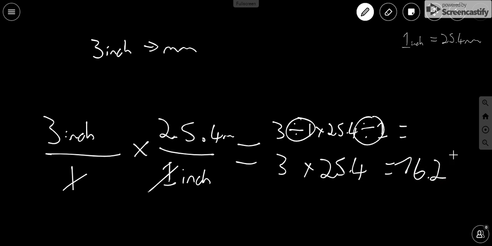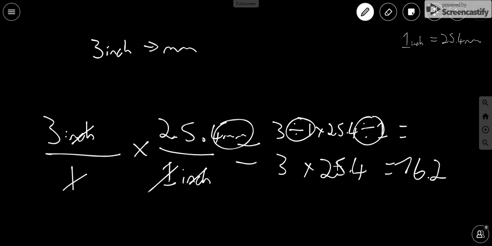Now we're left with units, because we always want to write units. We want it to convert to millimeters, but we don't know that yet. What we do know is that because we've divided inches by itself, it's cancelled those out, which leaves us with all it can be, which is millimeters.